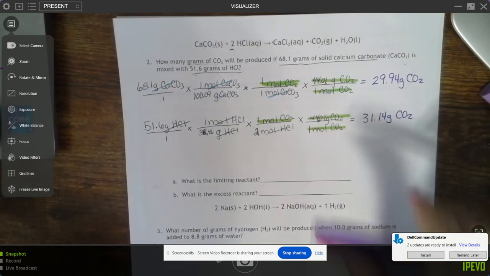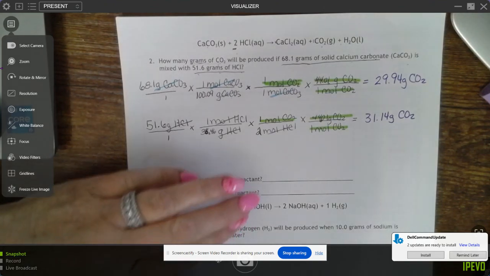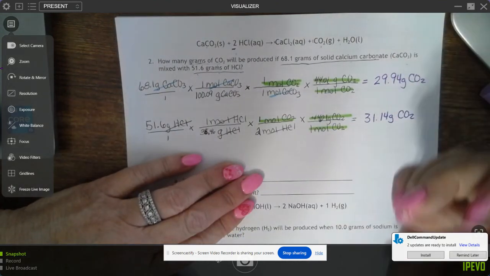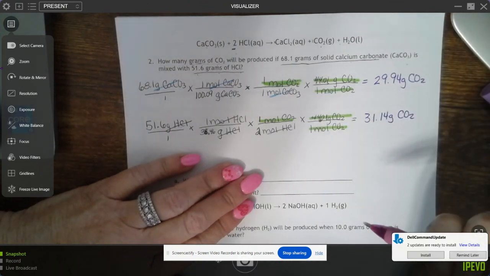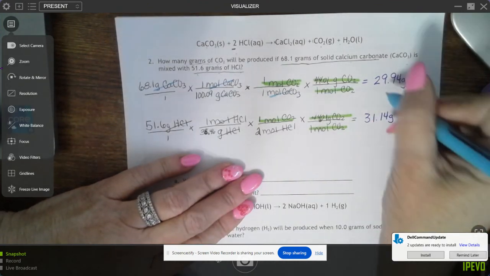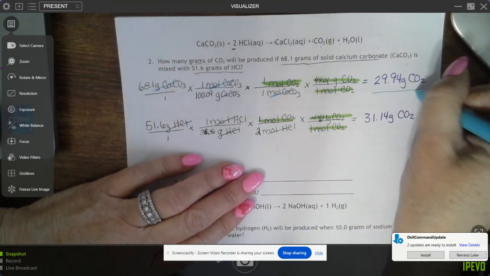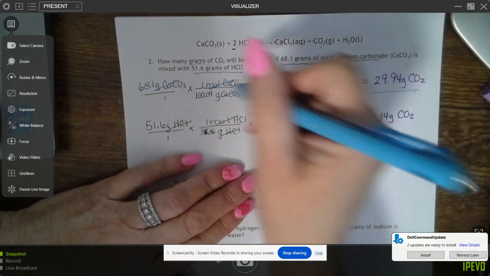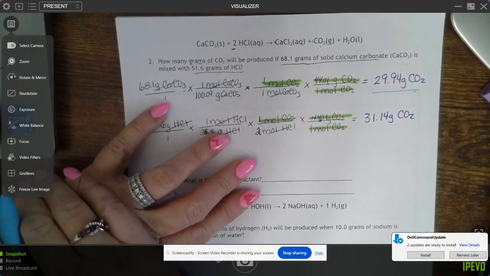In these calculations, what this is telling us is that once we make 29.94 grams of carbon dioxide, we will run out of calcium carbonate and we won't be able to make any more product.